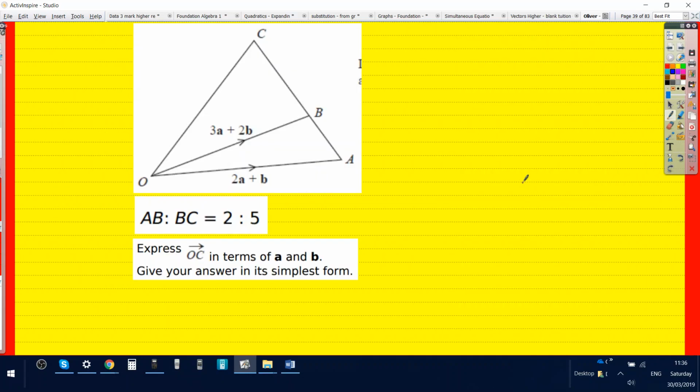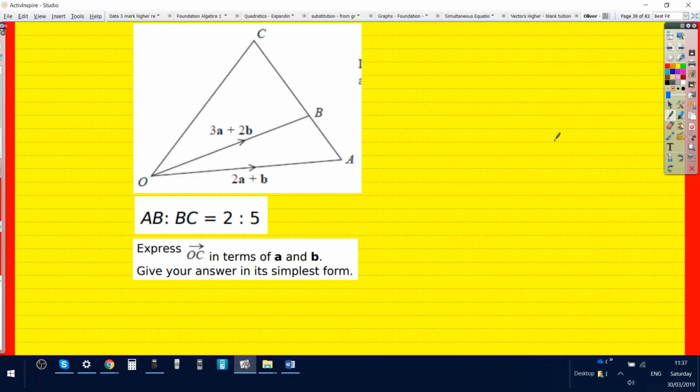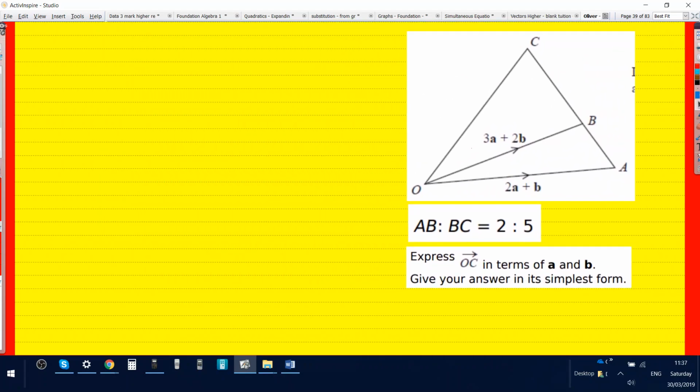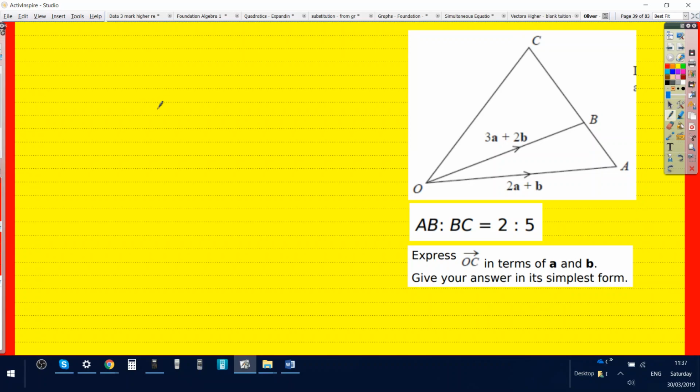Let's try it. Hang on, let me just see something. That was 2a plus minus 4a, sure. Let's do this. A to b is 2, b to c is 5. So a to b is 2 out of 7.